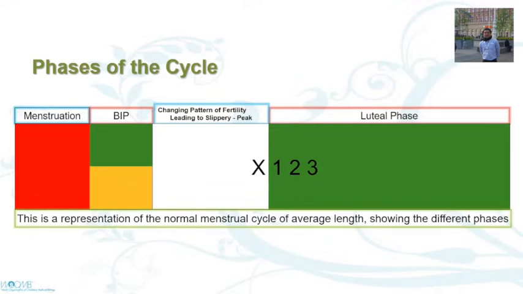But even though it begins with day 1 after the peak day, the first 3 days of the luteal are considered to be fertile. Why? Because the cervix is still open. The cervix begins to close on the 4th day past the peak, or on the 4th day of the luteal phase.